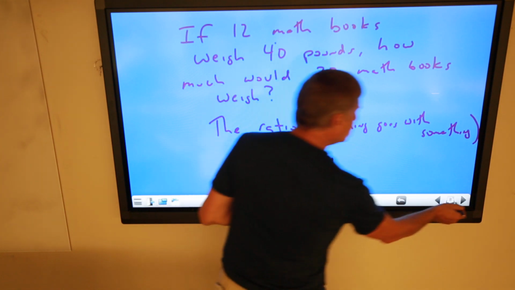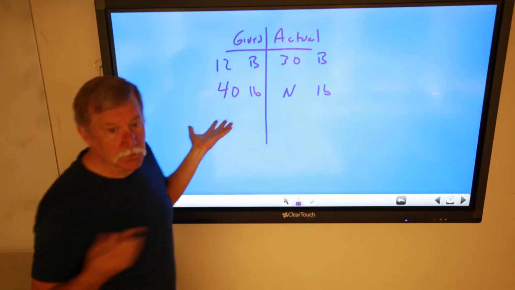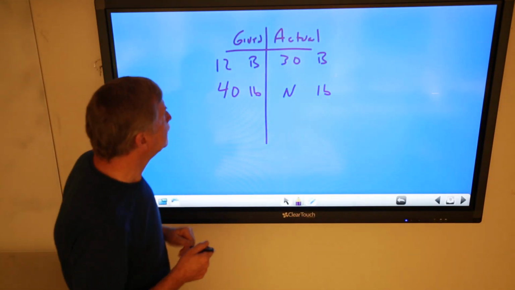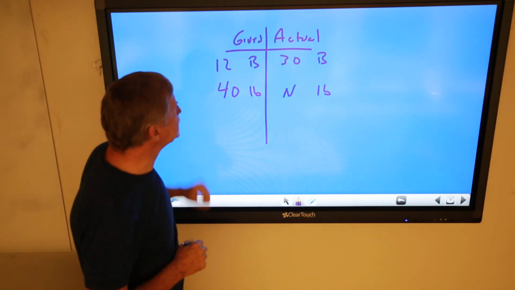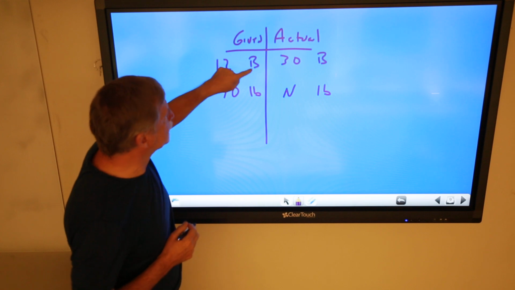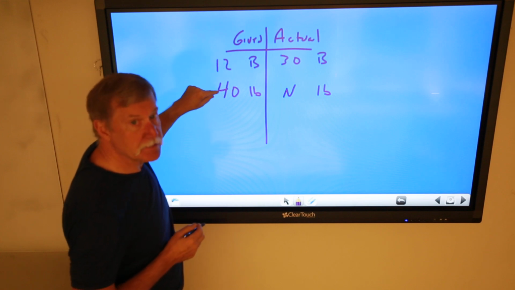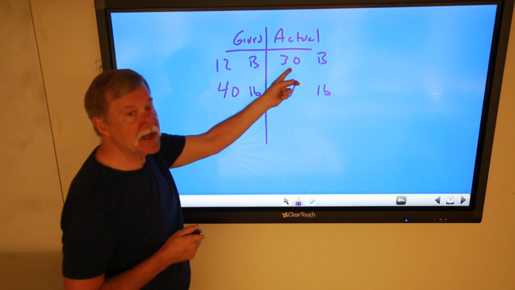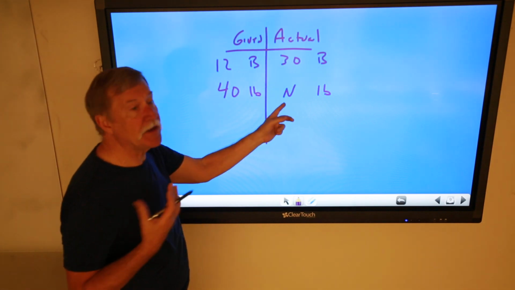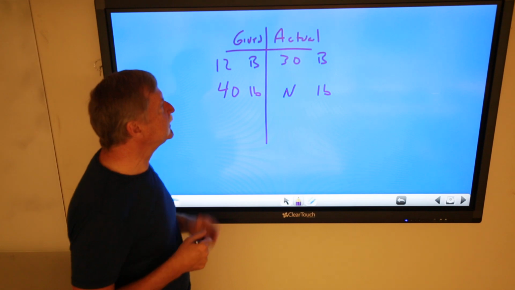So we use our old friend, the sign of the cross. We're given a ratio. Even though it's implied, it's still given to us. We have 12 books goes with 40 pounds. But actually we don't have 12 books. We've got 30 books, and we want to find how many pounds that would be.